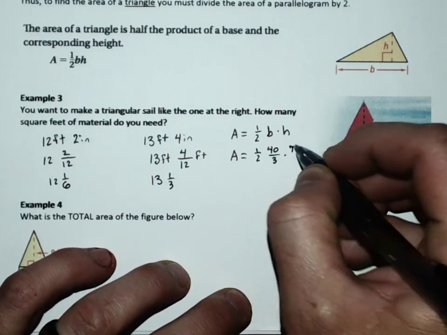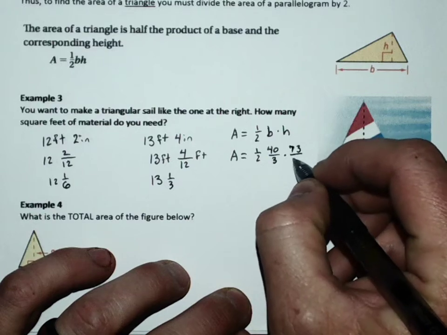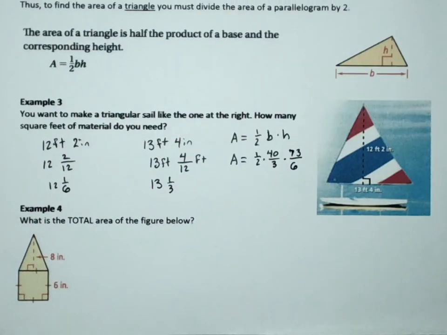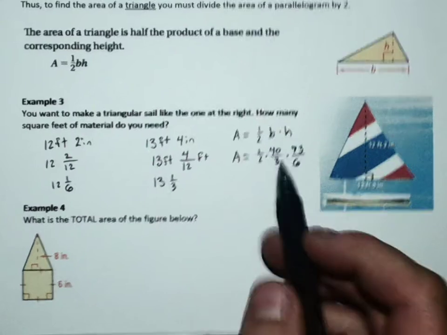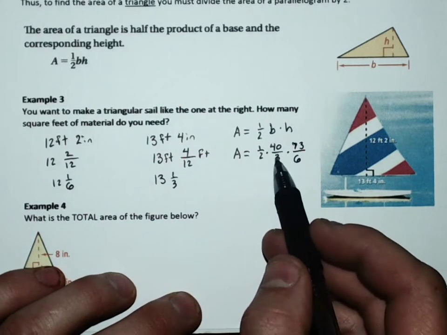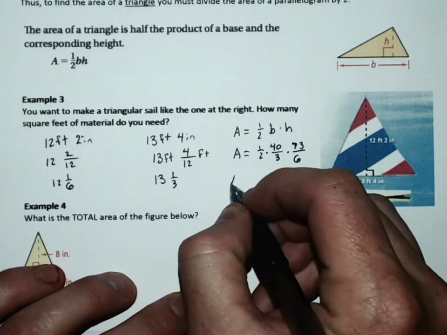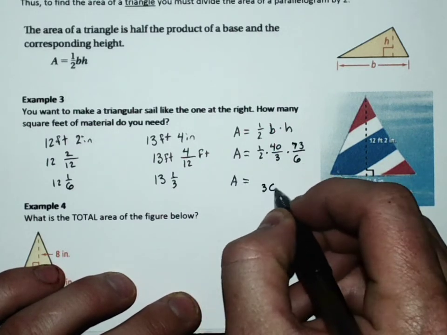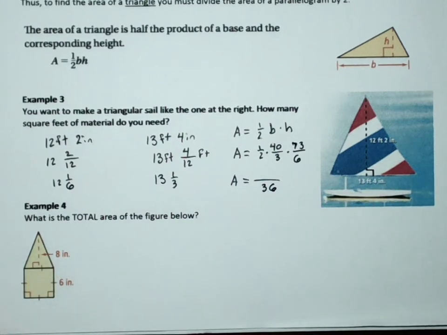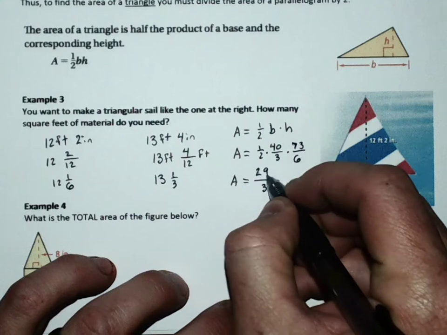And 73/6. So now I have to multiply all these fractions together. I have a half times 40 thirds times 73 sixths. Multiply top times top, bottom times bottom. So 2 times 3 is 6, times 6 is 36. And 40 times 73 is, got to do that on my calculator here, 40 times 73 is 2,920.